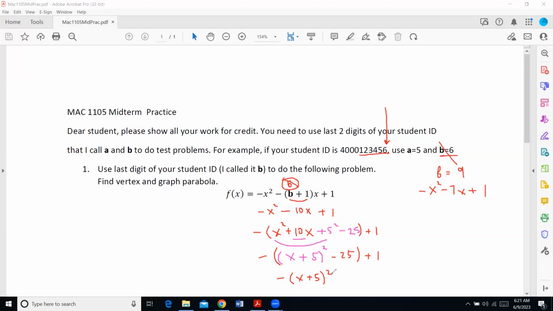So I will tell you exactly: use the last digit of your student ID to do the problem. So use this last digit, which I call B for convenience. If you're not sure what this means, I will be logged into Zoom Monday morning, and I can always clarify and help you figure out what the last digit of your student ID means.